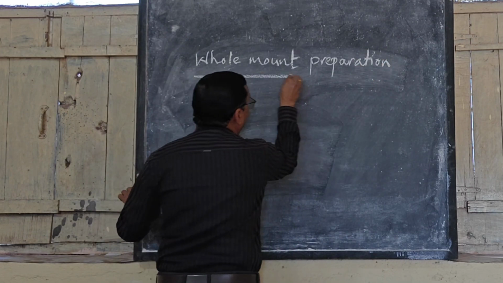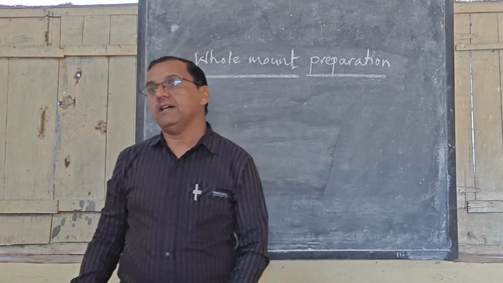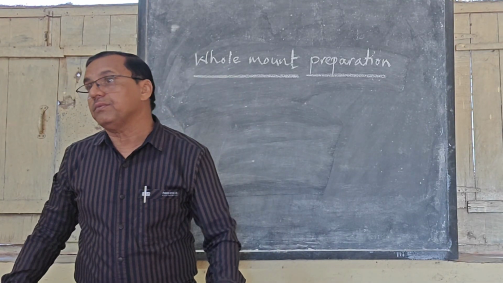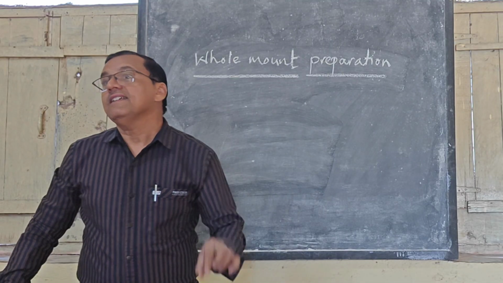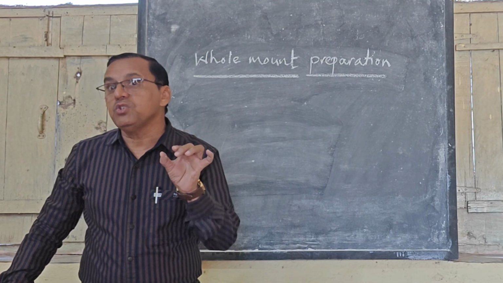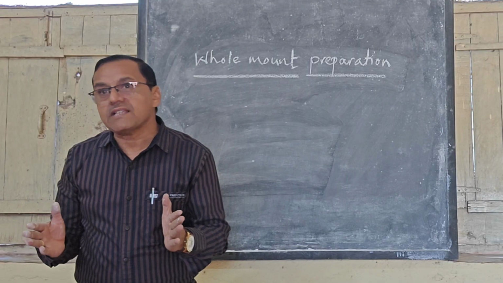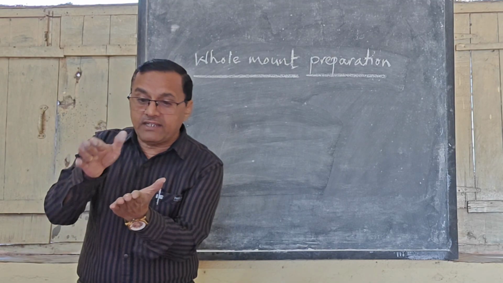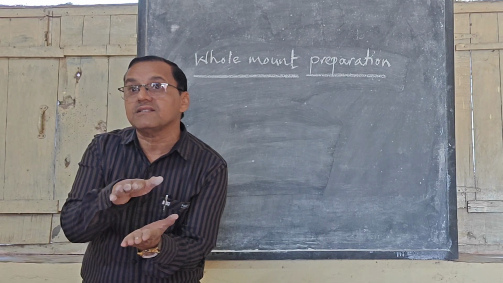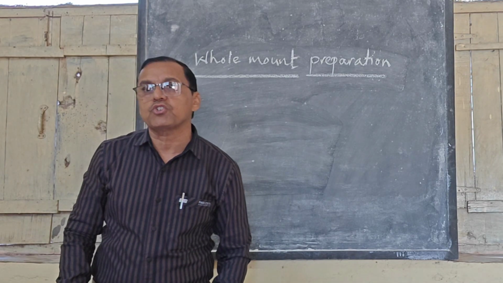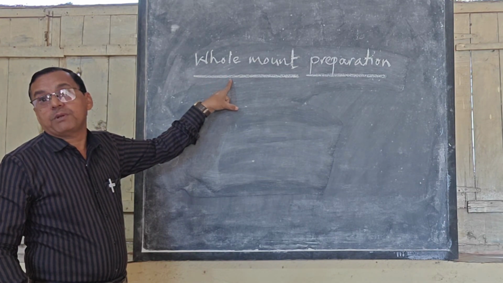For example, if we have to prepare a slide of bedbug, amoeba, paramecium, or euglena, these animals cannot be dissected. So these animals are directly mounted on the slide. Hence this process is called whole mount preparation.